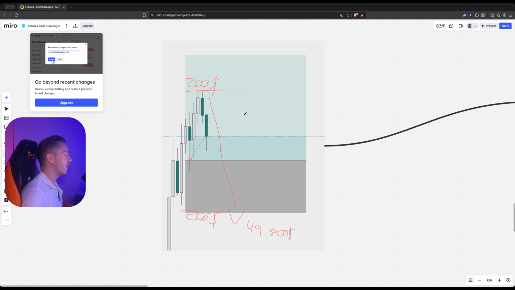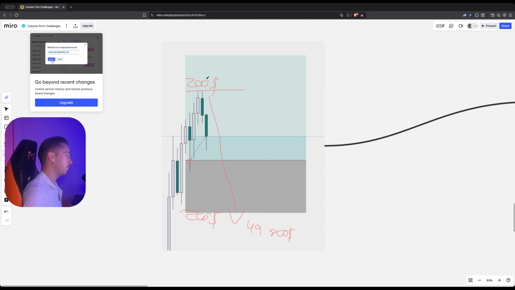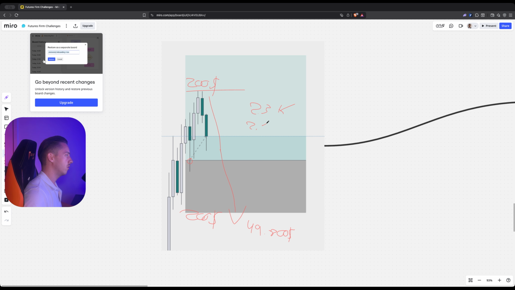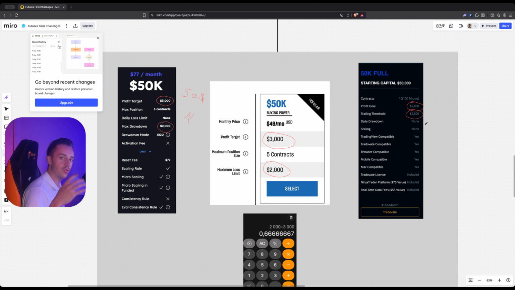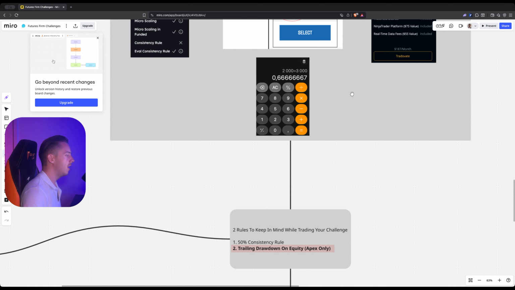This is actually a $400 loss, because of the $200 from your max equity, from your max profit that you were running on your trade, minus the $200 of your stop loss. So now instead of, let's say, 2.3K, you're actually getting 2.1K drawdown. And that's essentially how Apex tricks you into thinking that you get an extra $500 drawdown.